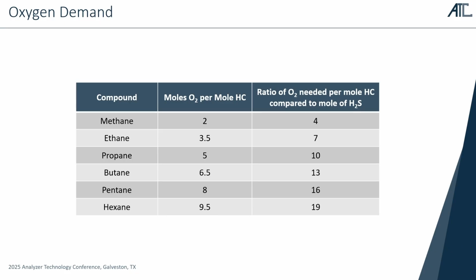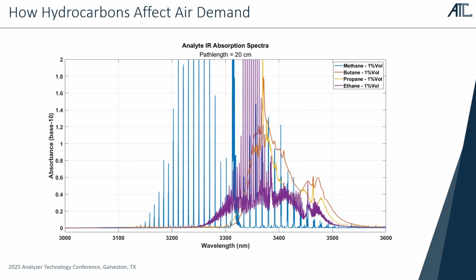So as a result, part of the feed-forward analysis control basically means that we want to look at all the reactants coming in and account for how much additional air we would need in the case of a potential hydrocarbon slug or variations in H2S coming into the plant.